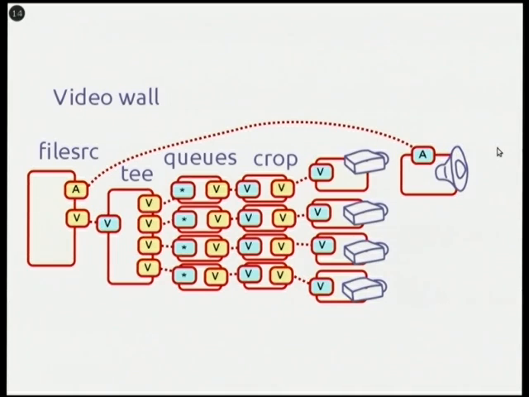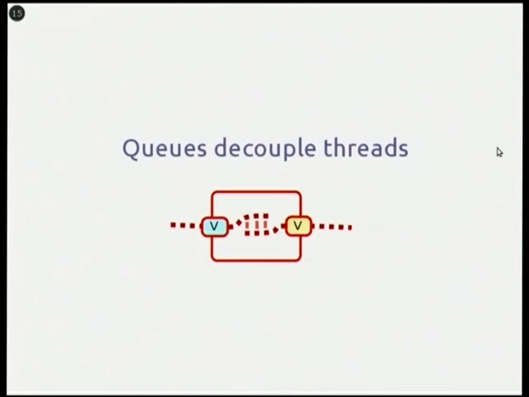This is one of the most common problems with Gstreamer: people try to do something and it freezes and there's no message saying why. It's because they didn't put a queue in the right place. So if you're using more than one output, you just put queues everywhere and it works. The video comes into the queue and then it gets copied across, or handed over with a locking kind of thing.